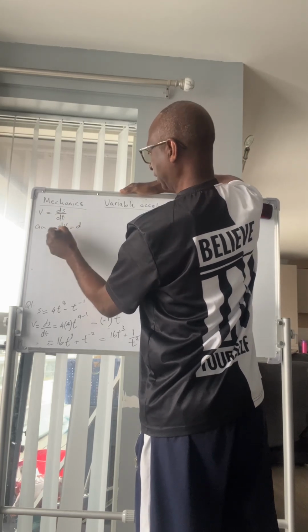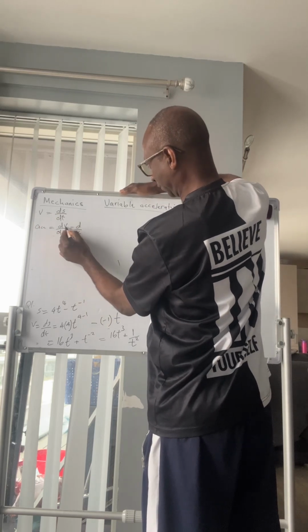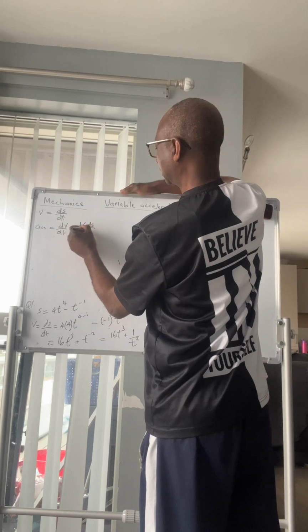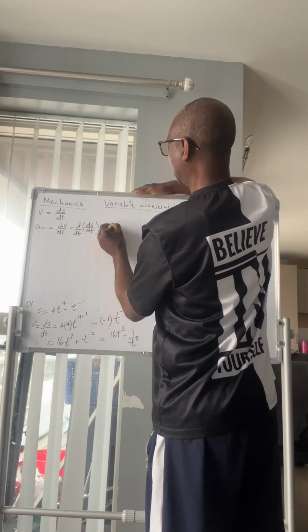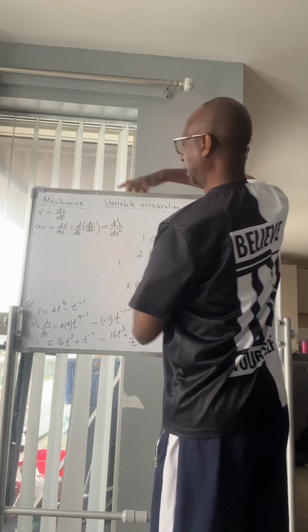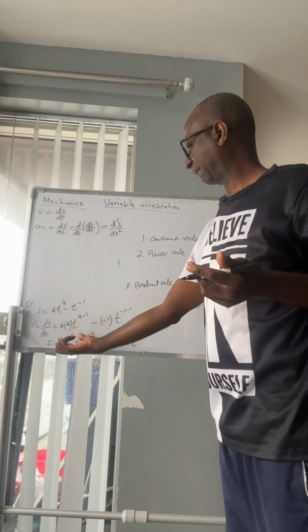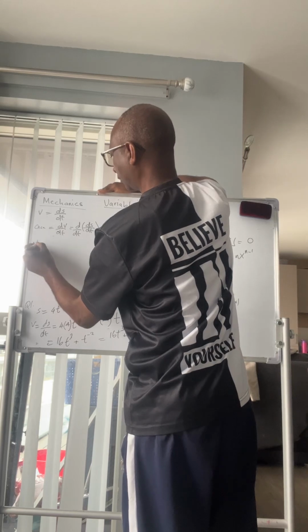So you have d/dt first for this. We are going to replace v by this. And now you have d/dt of ds/dt, and we did say that this will give you d squared s over dt squared. That is the acceleration.